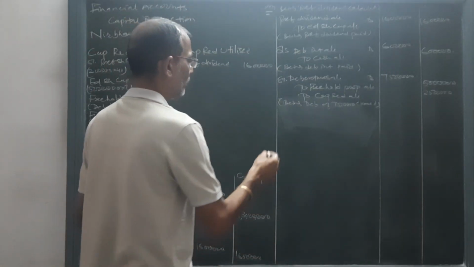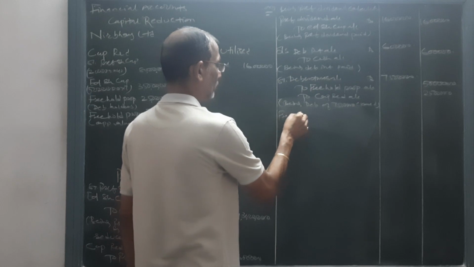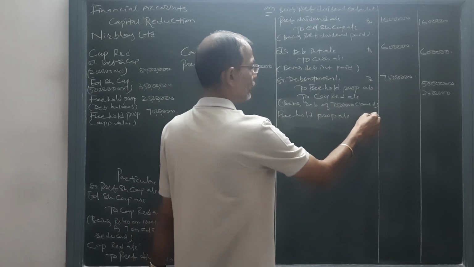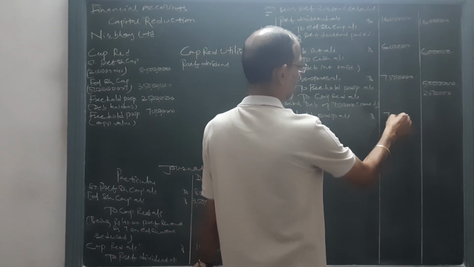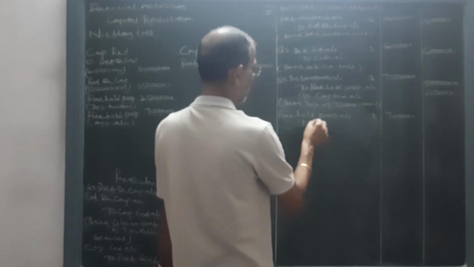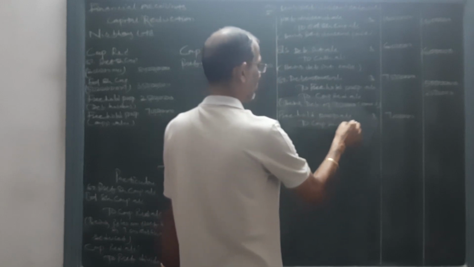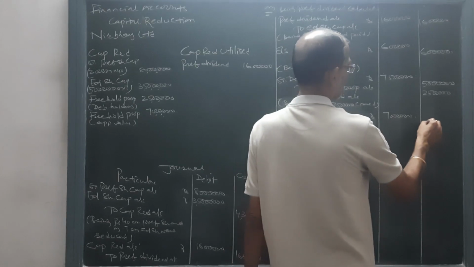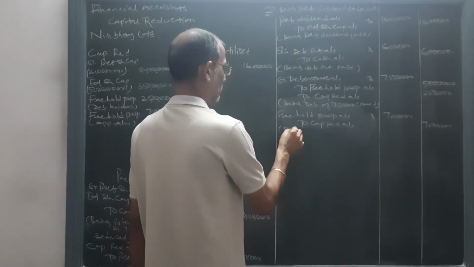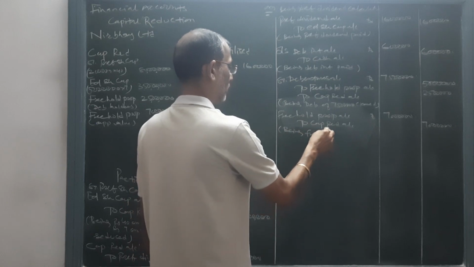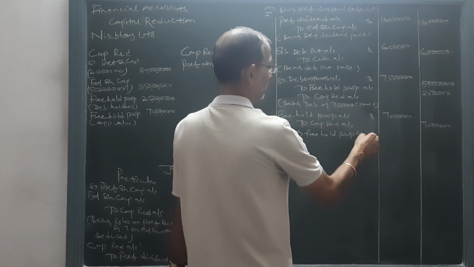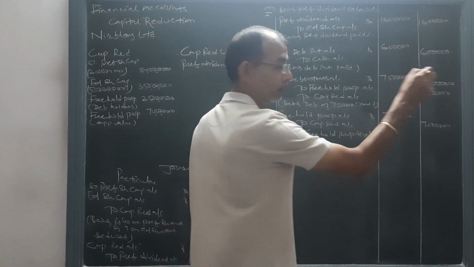So the entry for that will be freehold property account debit 70 lakh to capital reduction account. Being freehold property revalued.